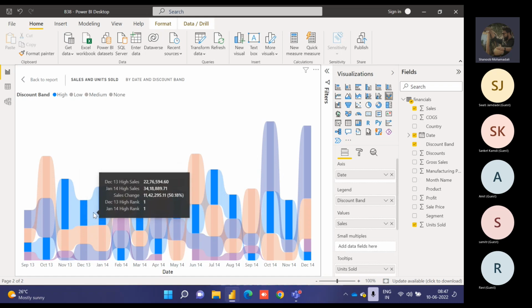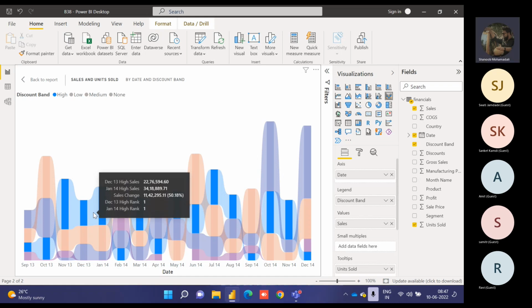That is a 50% increase. So like this, if you want to compare between two months or all the months, then you go ahead and use the ribbon chart.